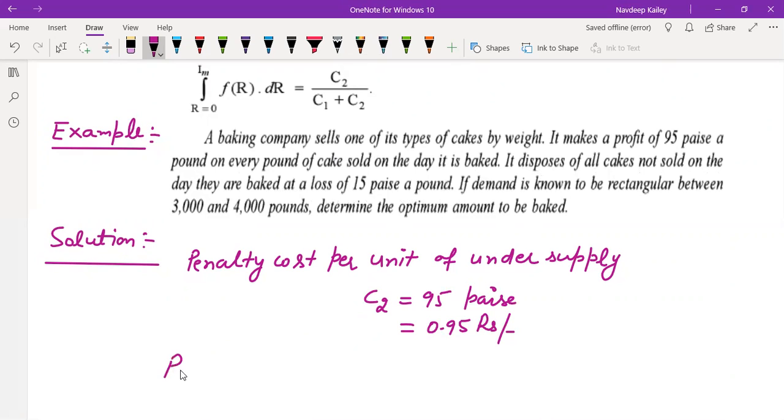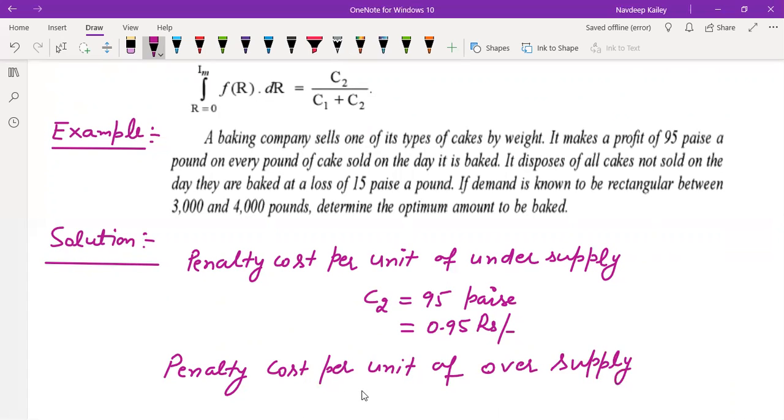That is, the penalty cost per unit of oversupply, that is C1, is given as 15 paise, that is 0.15 rupees. If demand is known to be rectangular between 3,000 and 4,000 pounds, determine the optimum amount to be baked.